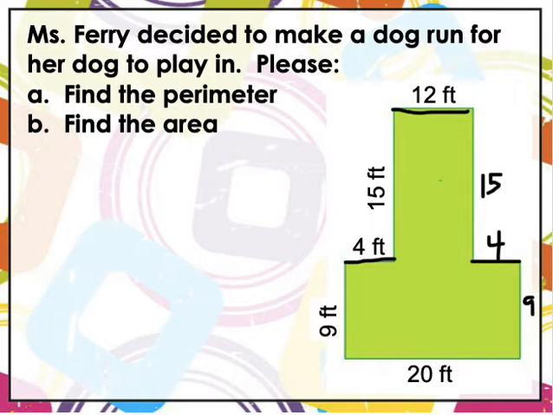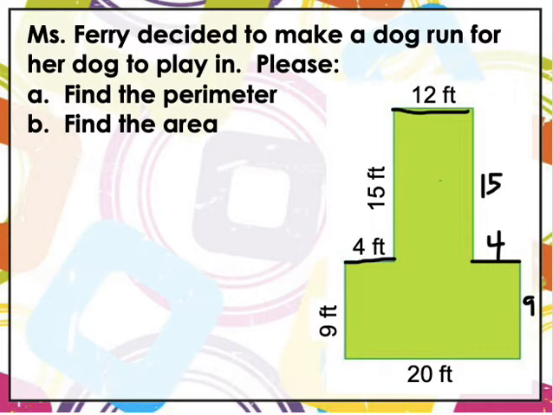Now, in order to solve for my perimeter and my area, I know that to find the perimeter, I need to add up all the sides. So here I've got 20. 20 plus 9 is 29. 29 plus 4 is 33. 33 plus 15 is 48. 48 plus 12 is 60. 60 plus 15 is 75. 75 plus 4 is 79.